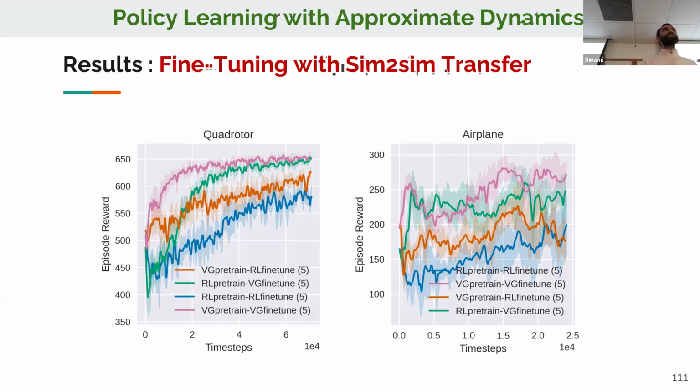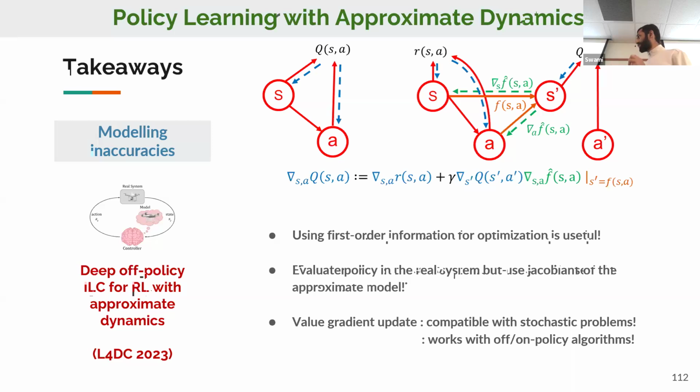But what you also observe is that if you use value gradients for training or pre-training, regardless of the algorithm that you use for fine-tuning, you get faster transfers, which is interesting because there are some biases that are useful here.